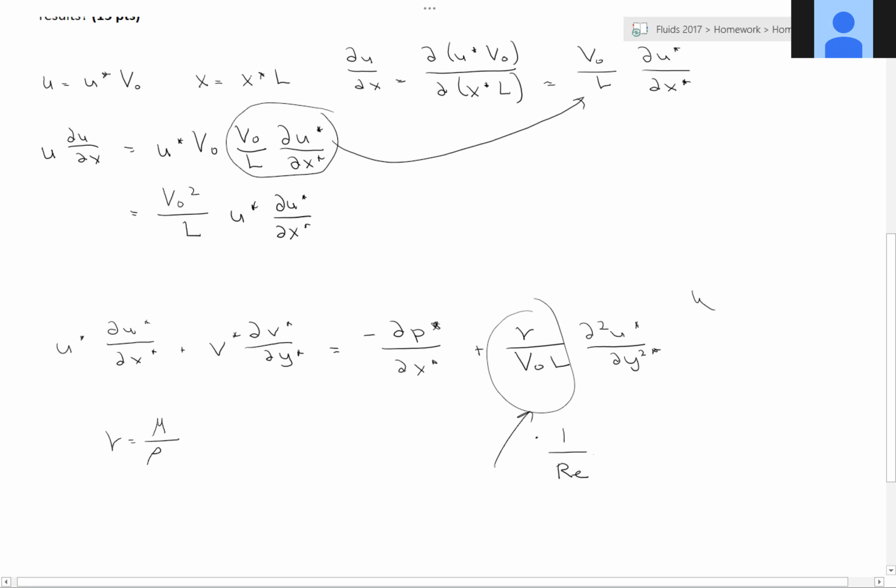It depends on, again, what the problem is like, whether you have a free surface, so we have the Froude number, whether you have viscous forces, so we have the Reynolds number, etc. But I'm not going to do something really, really difficult. I mean, this is as bad as it would get, okay?